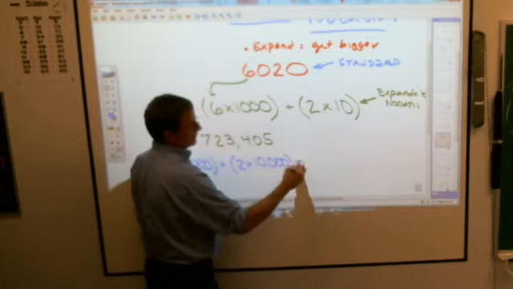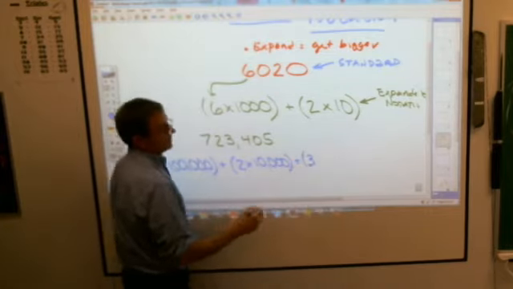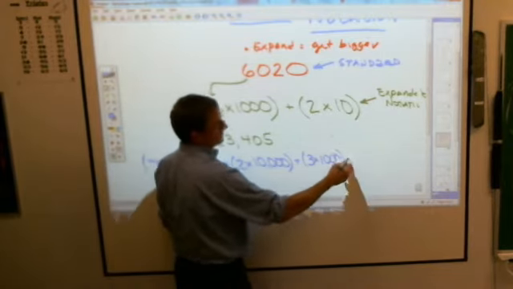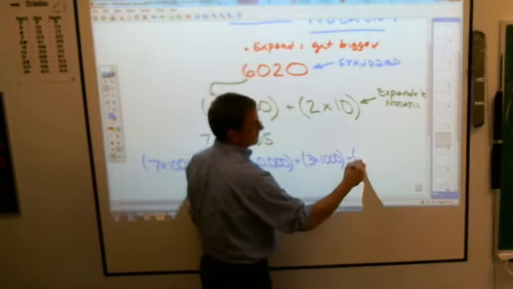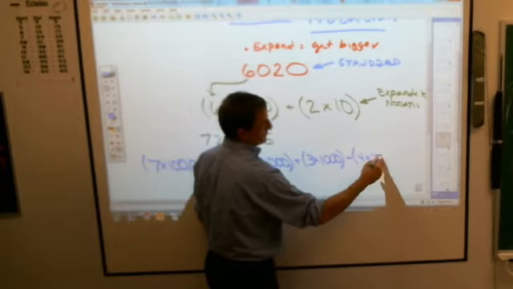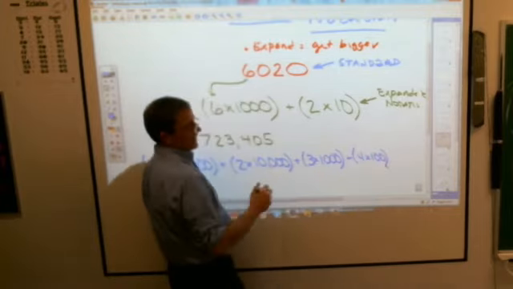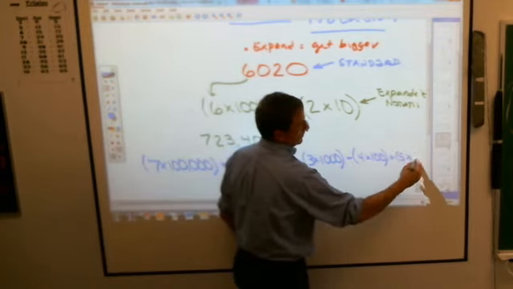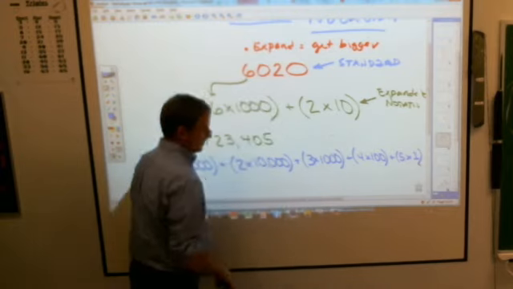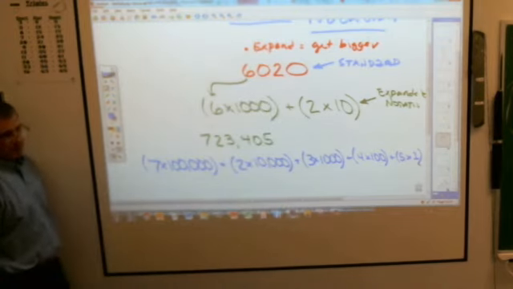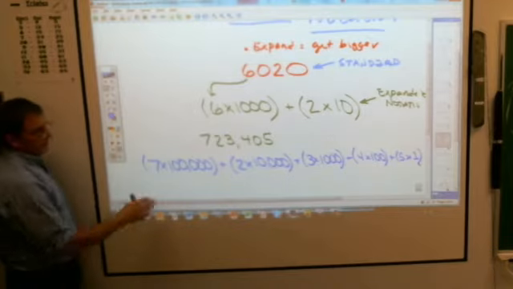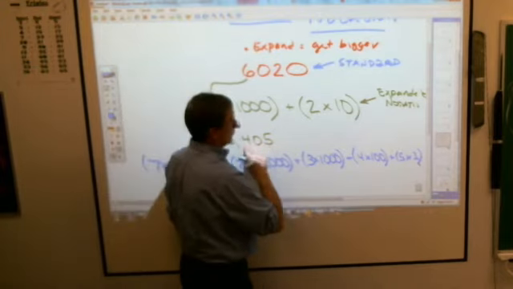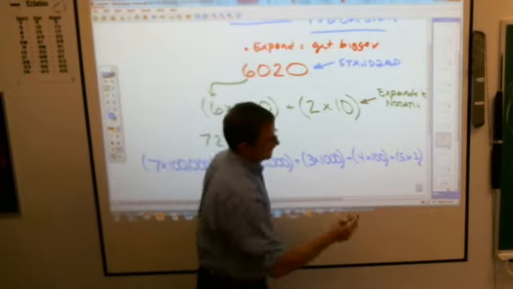Plus the 3 in the thousands place, plus the 4, which is in the hundreds place, and then what do I end up with? The 5 plus 5, which is in the ones place. So that gets to be pretty expanded there if you have all those digits there. 7 in the 100,000s place, 2 in the 10,000s place, 3 in the thousands, 4 in the 100s, and 5 in the first place. You kind of got the gist of that?